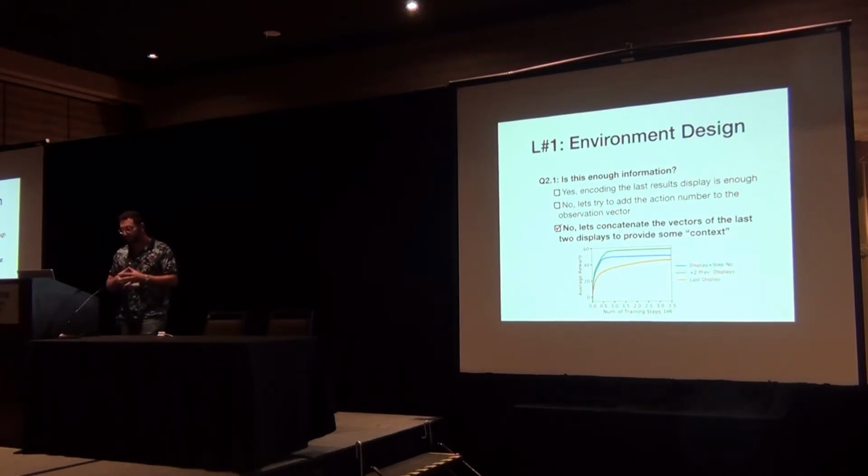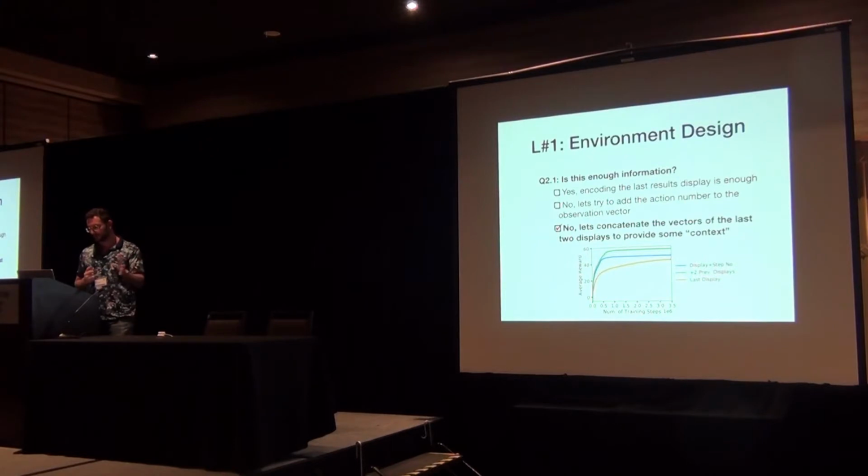So finally, we decided to give it more context and concatenate to the observation of the last result set also the observations for the previous two displays, so it can get some more context information about the session that it makes. And this time, as you can see with the green line, it converges to an even higher reward, and now the overfitting phenomenon was eliminated.